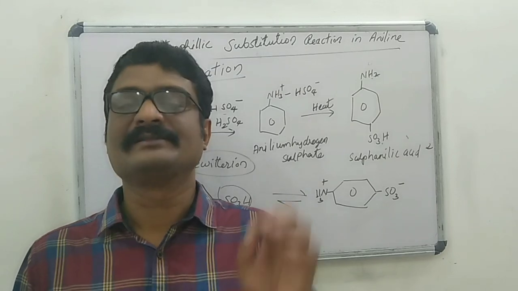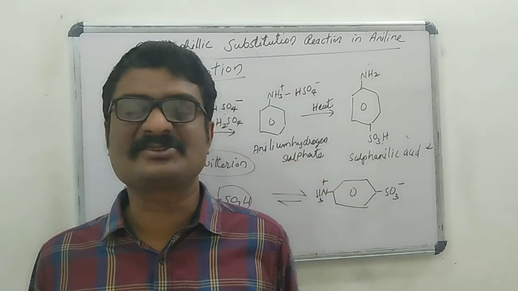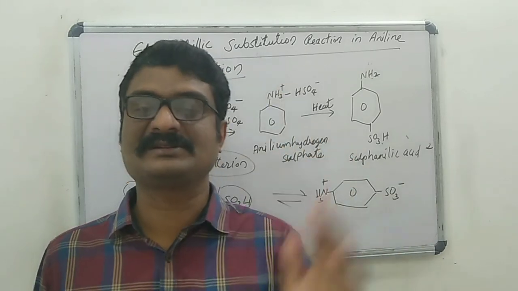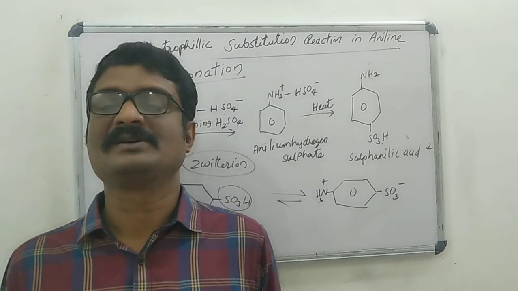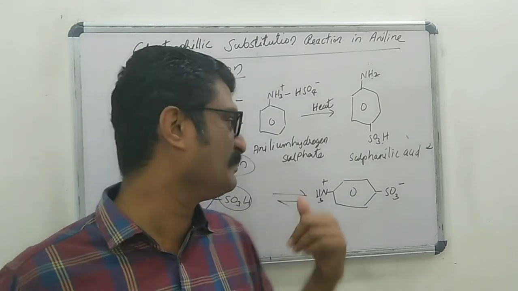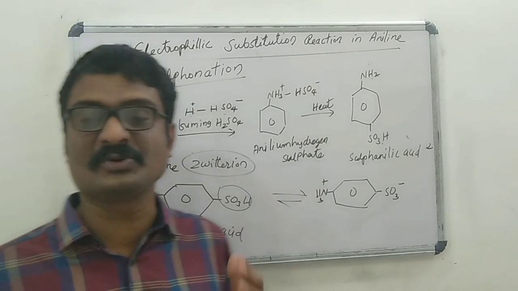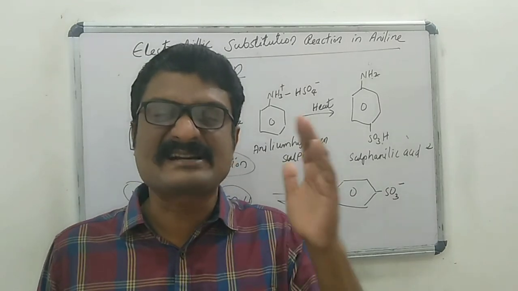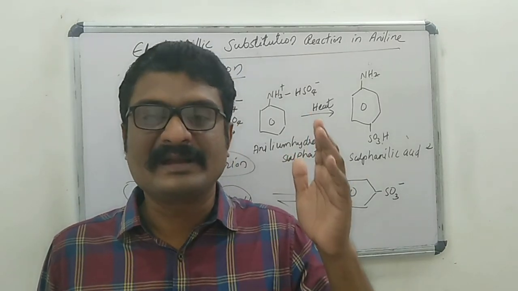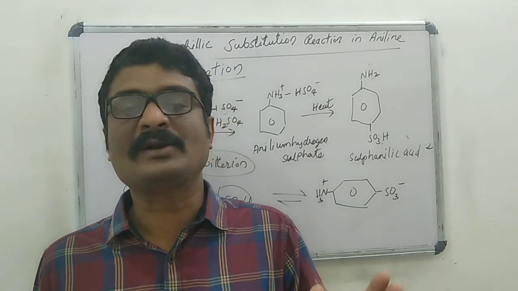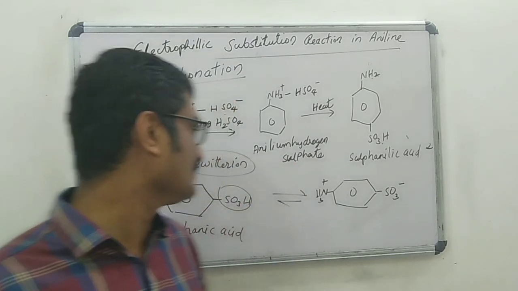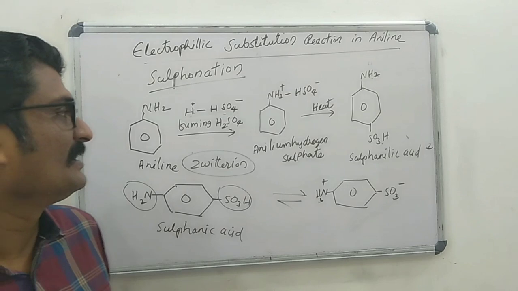Please listen. Sulfanilic acid contains both the acidic SO3H group and the basic NH2 group. Therefore, it exists as a dipolar ion or zwitter ion.